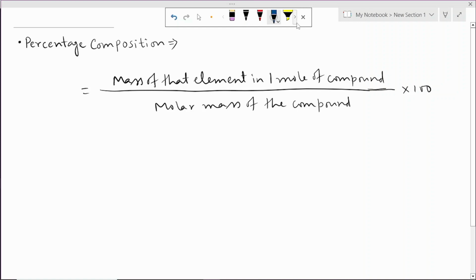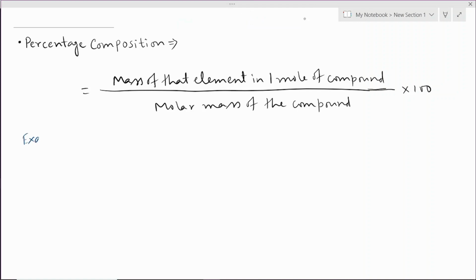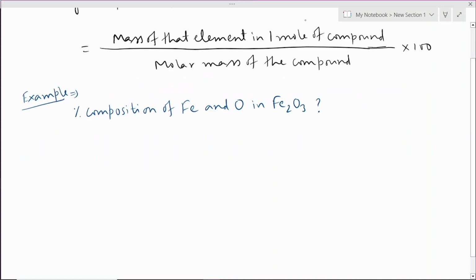Example: suppose we have to calculate the percentage composition of iron and oxygen in Fe2O3. Given that the atomic mass of iron is 55.85 and oxygen is 16.